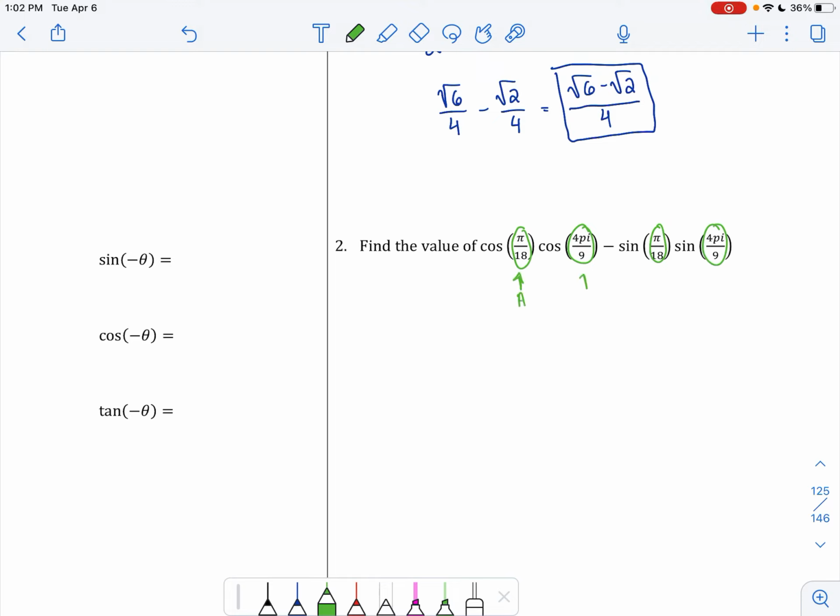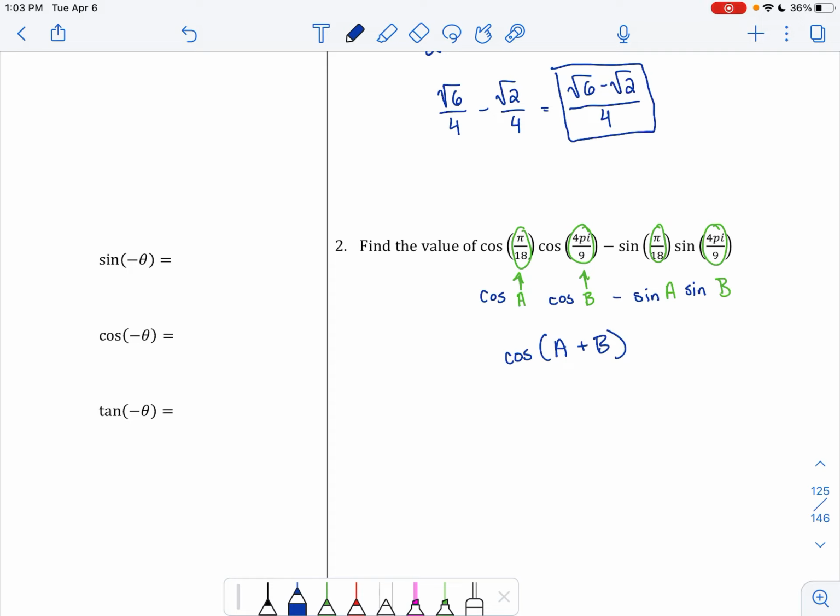So we can think this is our A, this is our B, and then it goes cosine, cosine, minus sine, sine, with A and B. So this is of the form cosine of A plus B, just using our formula.